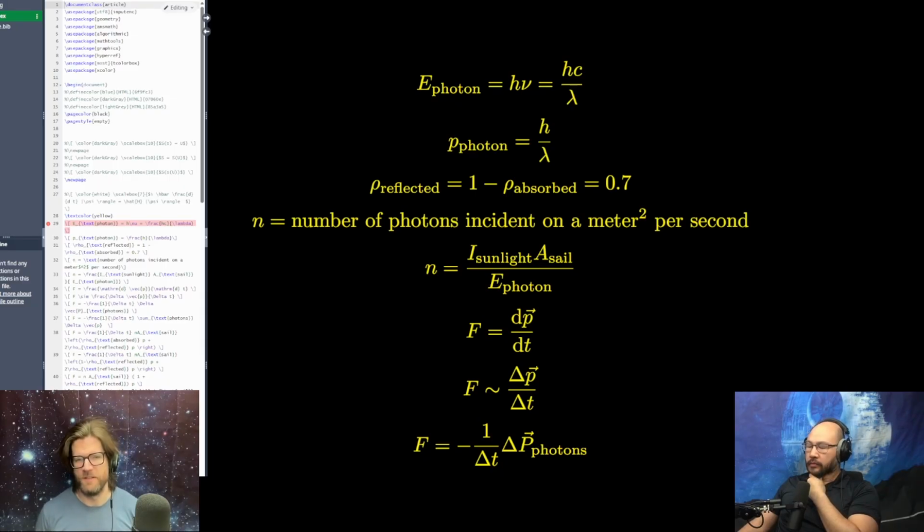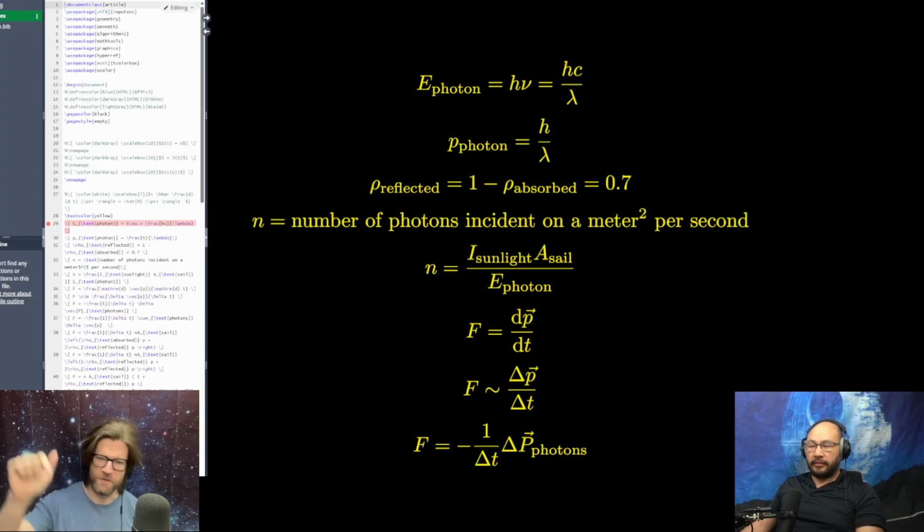So I said the ratio of photons reflected is 0.7. 30% is going to get absorbed and 70% is going to be reflected. I'm thinking 70% of the photon count: for every 100 photons that hit the solar sail, 70 are reflected and 30 are absorbed.